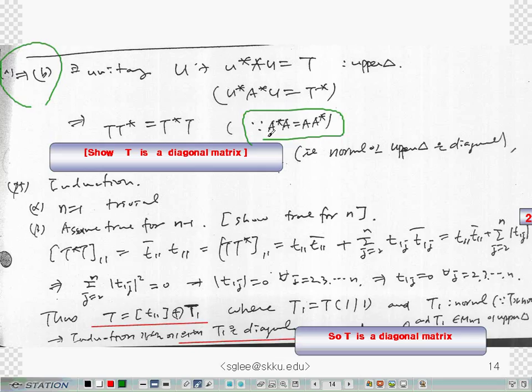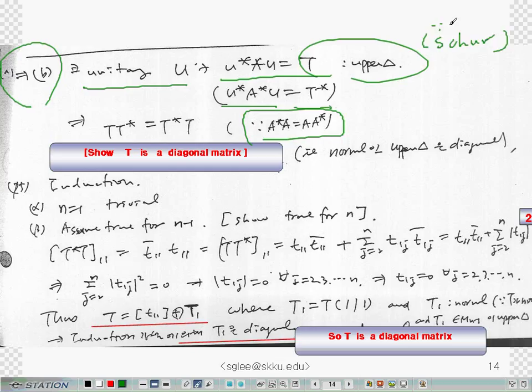By Schur's theorem, there exists a unitary matrix U such that U star A U is an upper triangular matrix T. Then U star A star U is equal to T star, by Schur. But T T star should be the same as T star T because A is normal. They've got to be the same.